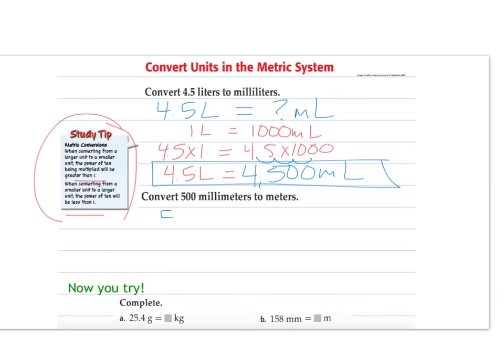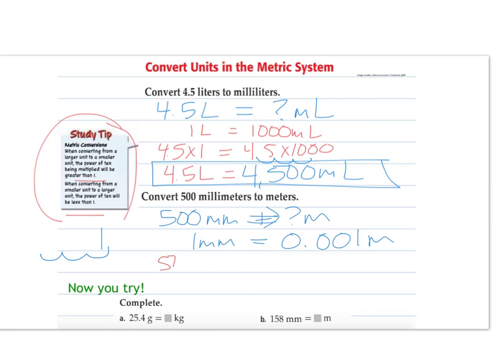So 500 millimeters to how many meters? I know that 1 millimeter, which is small, is equal to 1,000th of a meter. If I look at my chart, because it's smaller, I have to go to the left 3 places. So from 1 meter, if I have to go to the left 3 places, 1, 2, 3, to get to meter.